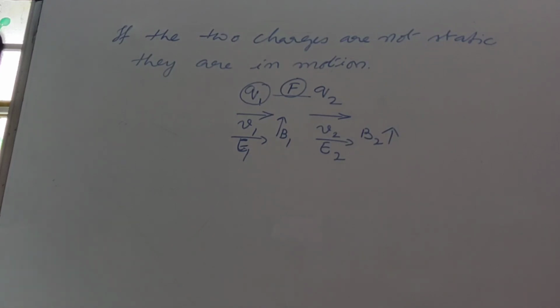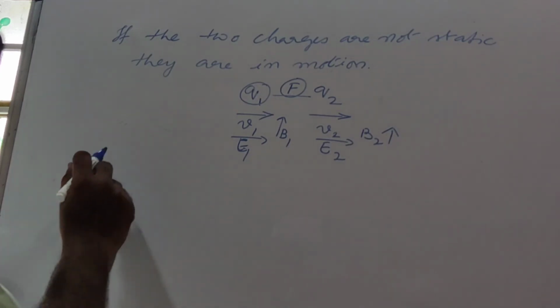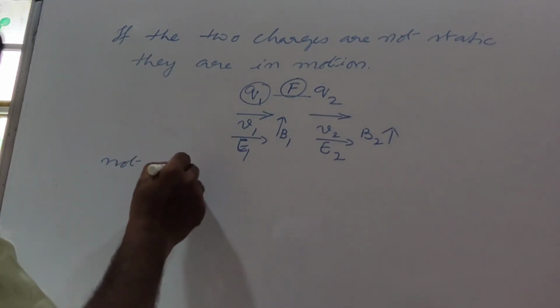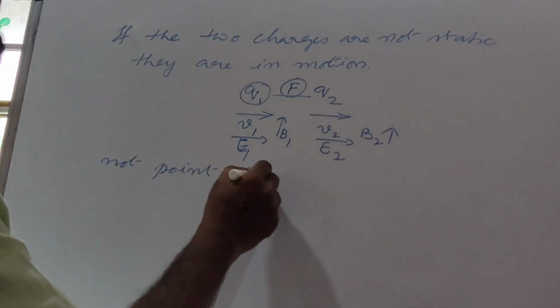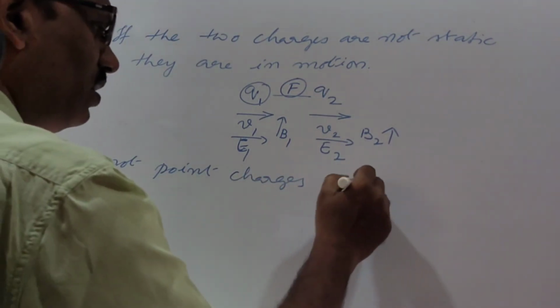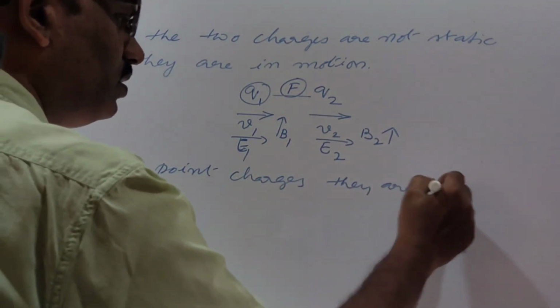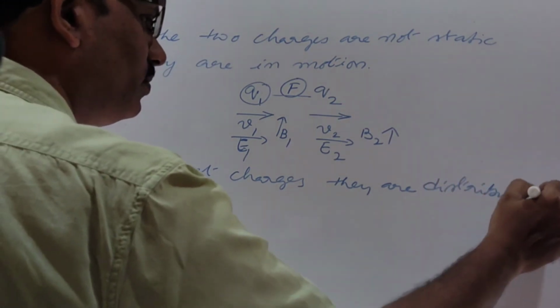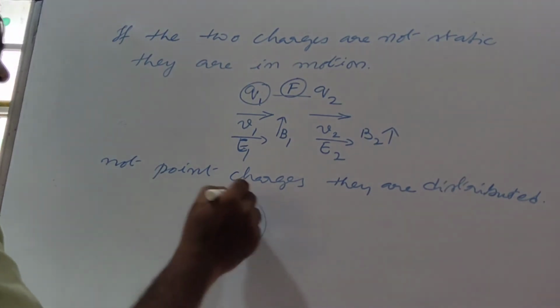Similarly, if the two charges are not point charges, that means they are distributed like this.